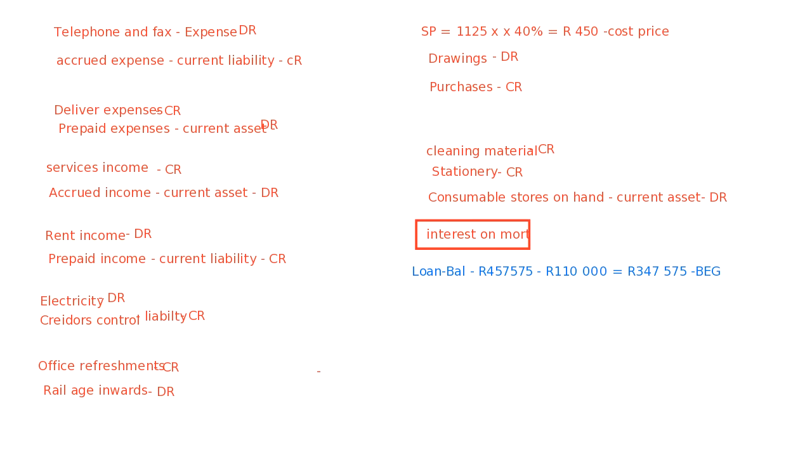Okay, so now we need to find the interest from the 1st of what? November. So from the 1st of November, the amount increased by what? 110. So it means now we have got 457,575 times 12% times another 6 months.